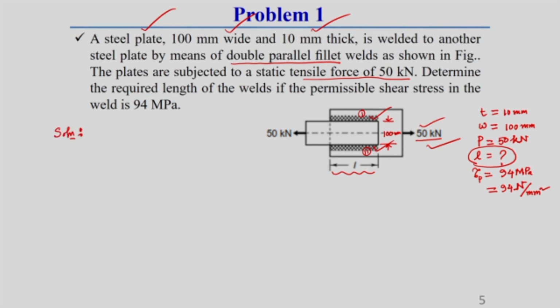For solving this problem, we know the strength equation of this weld. So, strength equation of this parallel fillet weld, we know P is equal to 1.414 tau P into H into L, correct.